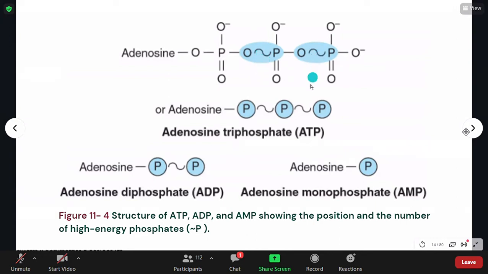Squiggle means high energy phosphate bond. Look at this. This phosphate here does not have a squiggle. That is just an ester bond. Okay? All right.